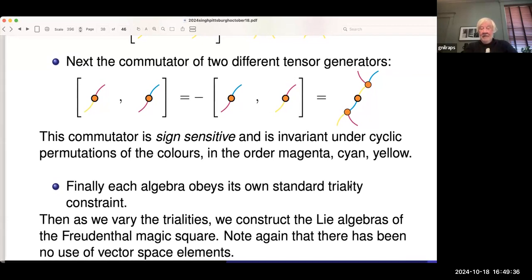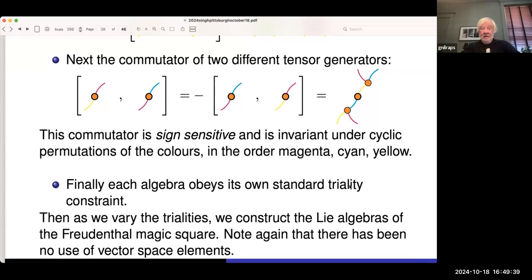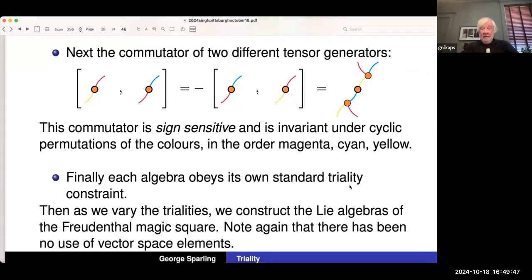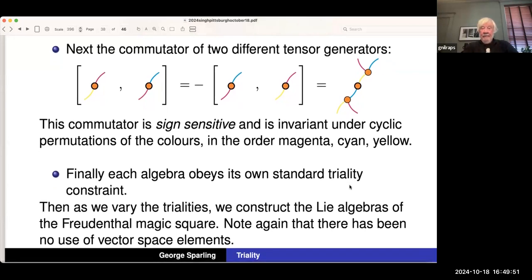So I'm sure this is known in some sense. I'm not claiming this is a theorem. But again, it's very nicely organized in terms of the Penrose tensor diagrams.